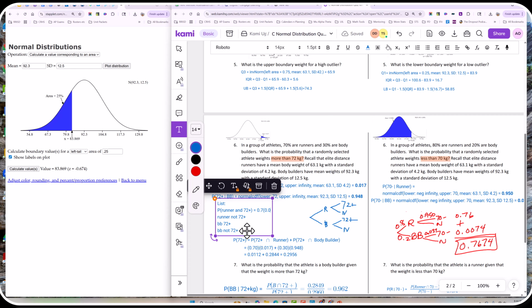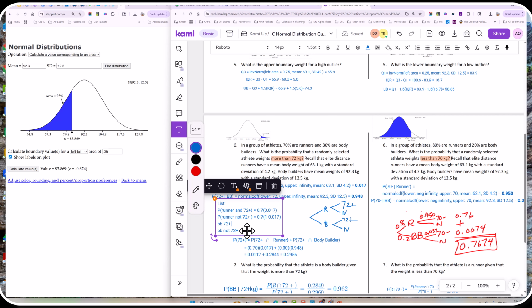Well, we found out that was pretty small. And then the probability they're a runner and not 72 plus is still 0.7 that they're a runner, and it's 1 minus 0.017.